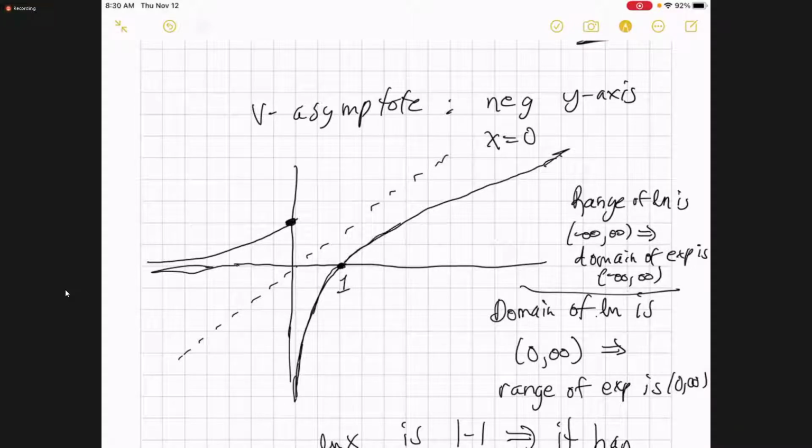And since the natural log goes off to infinity as x goes to infinity, well, that's going to mean exp goes to infinity too as x goes to infinity. So that's a picture of exp. And that's just from knowing that this function is the inverse of the natural log function. Questions?